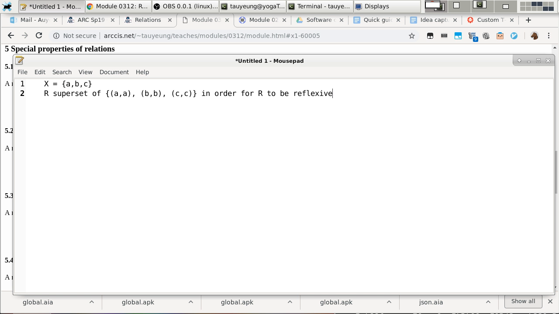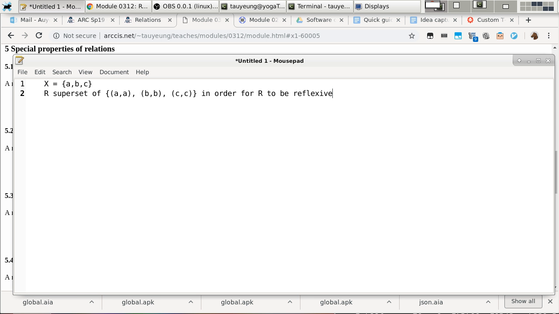Is that okay? Because the idea of being reflexive is every element of a set has to relate to itself through the relation. So if one element is not relating to itself, then it is no longer reflexive. Is that okay?